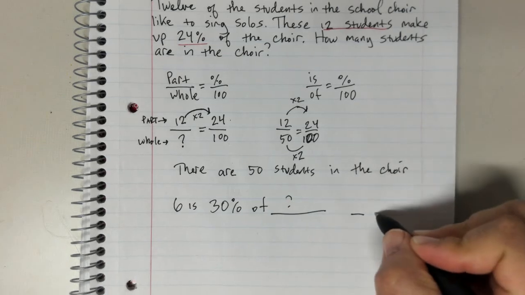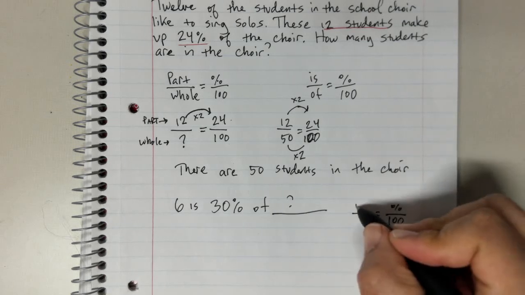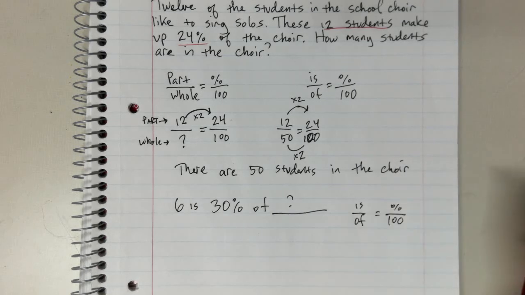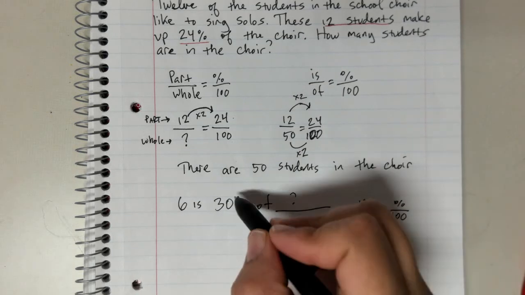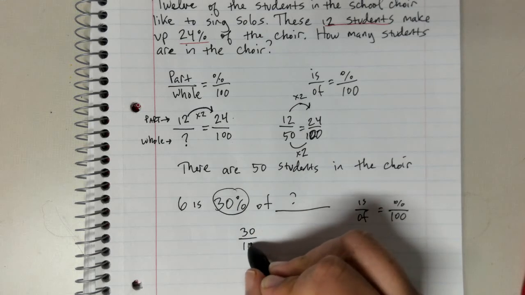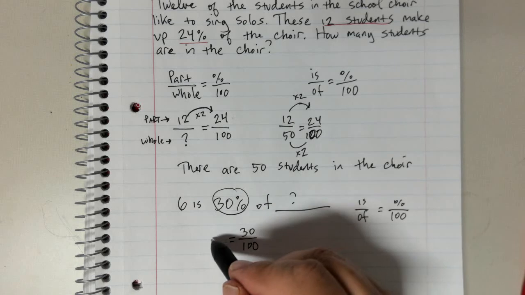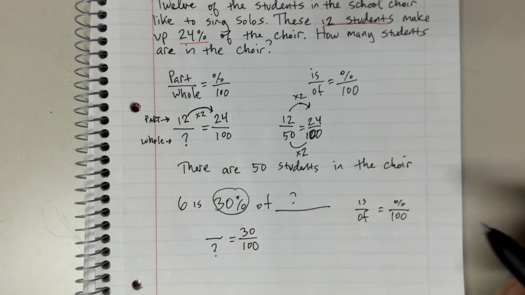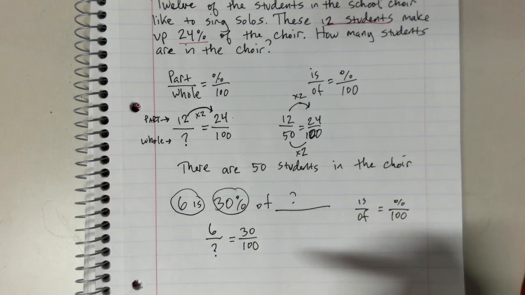So if we use our percent over 100 is over of, we can start plugging in what we know and what we don't know. We have a percent sign, so we know that's going to be written as 30 over 100 equals, we're looking for the of, which is down here. We don't know that. We have the is, which is this.